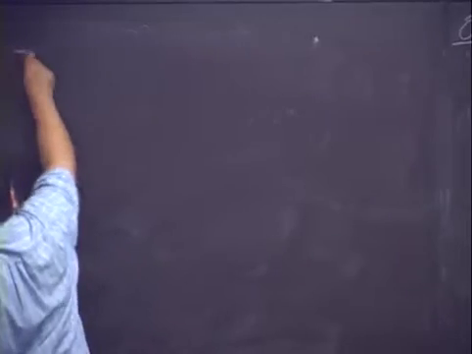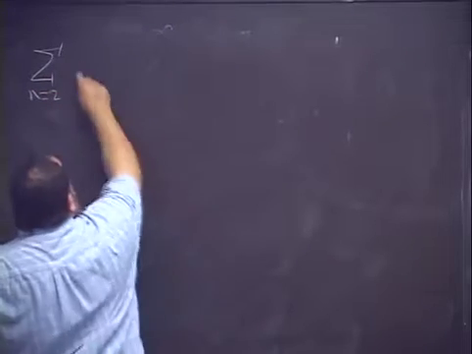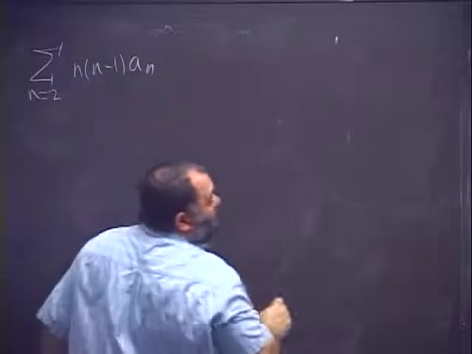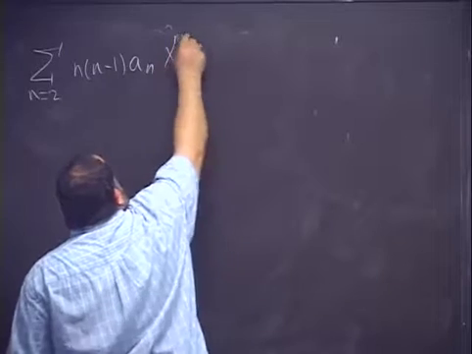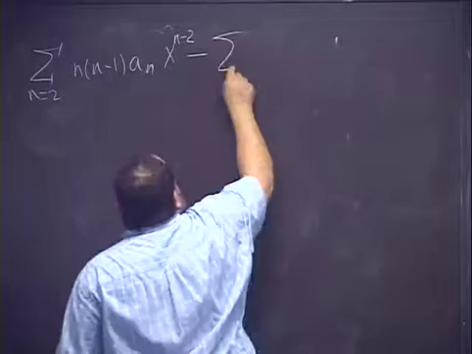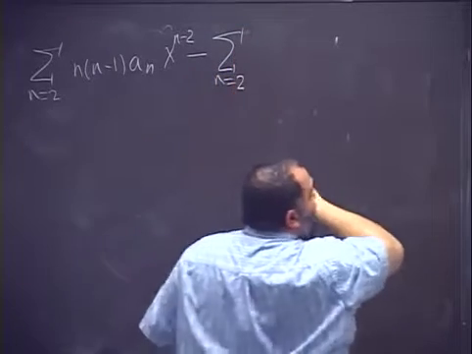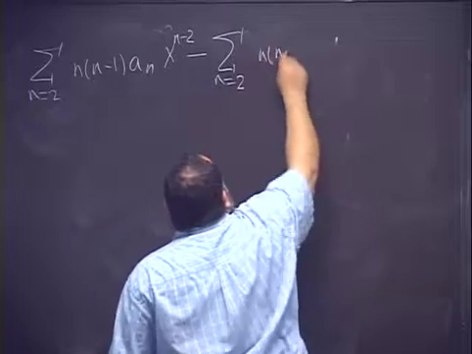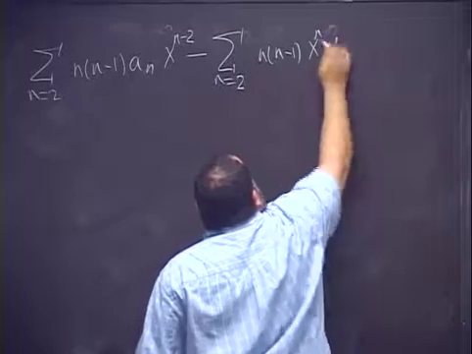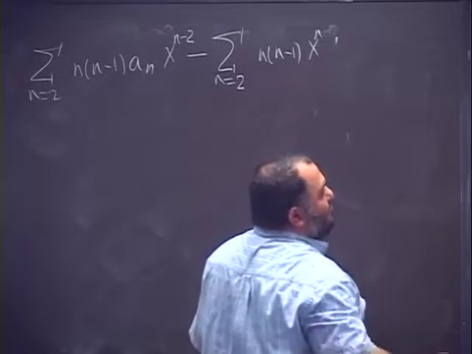This will be the summation from n equal to 2 of n minus 1, a_n x^(n-2), minus the summation from n equal to 2 of n(n minus 1) a_n x^(n-2) multiplied by x squared.